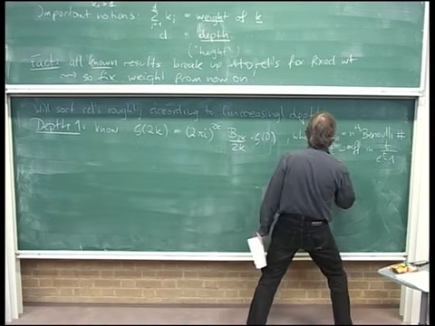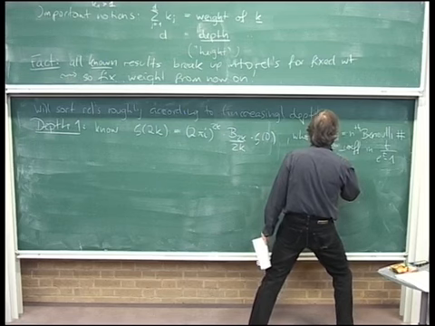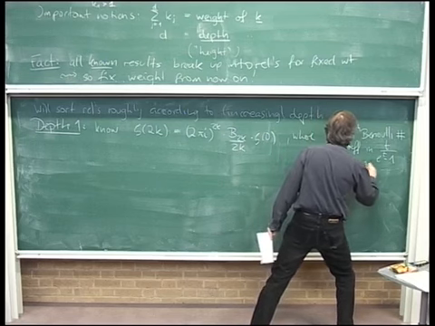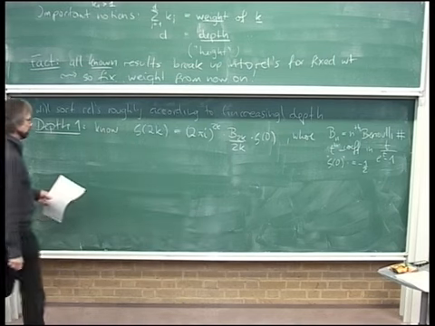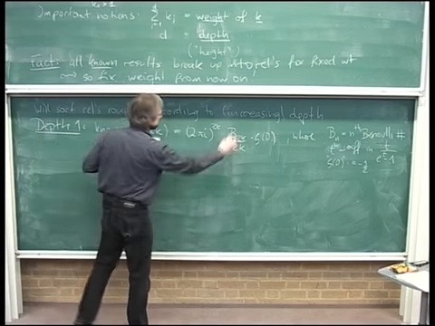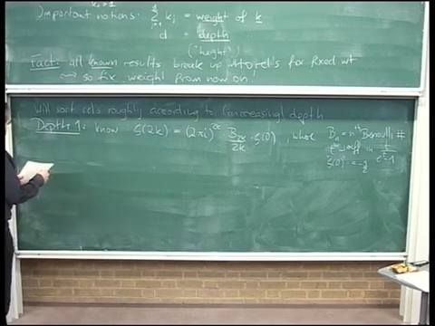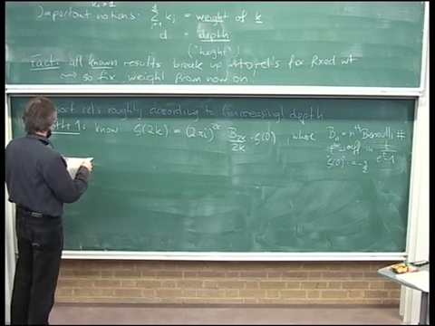And zeta of 0, let's call that minus 1/2. So that's maybe a way to remember the shape of this equation.